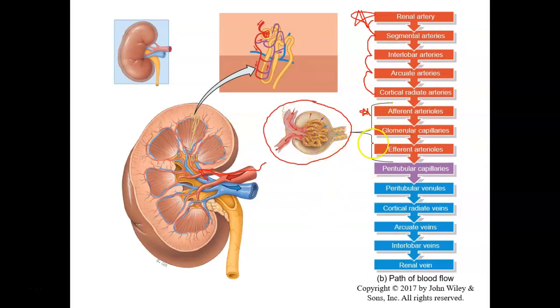Here is where we can actually have a significant impact on the GFR, what's called the glomerular filtration rate. Glomerular filtration rate literally just refers to the rate at which the glomerulus is producing filtrate. So there are many things which go into impacting that, and that's what we're going to look at.